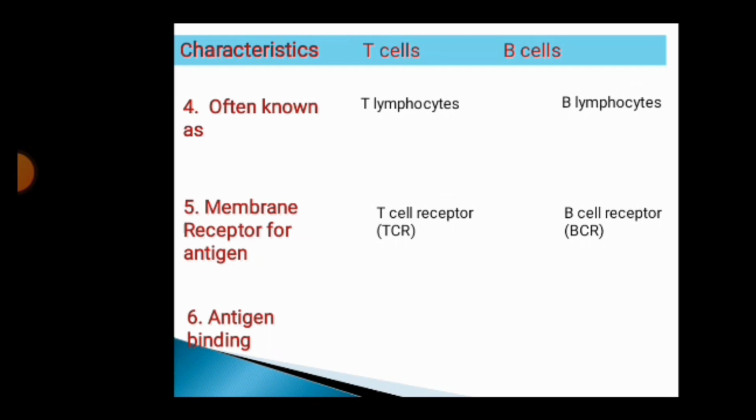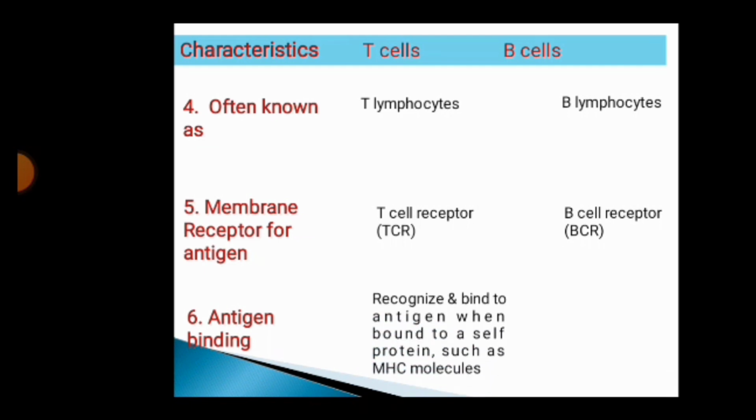Now, number 6 is the antigen binding. T cells recognize and bind antigen when bound to a cell protein such as MHC molecules. Whereas B cells recognize and bind to peptide antigen without it being bound to a cell protein.